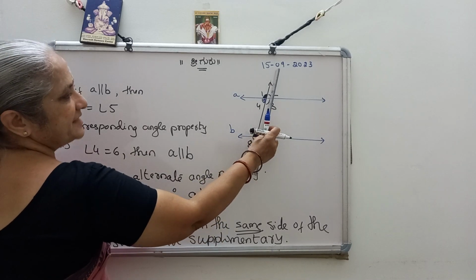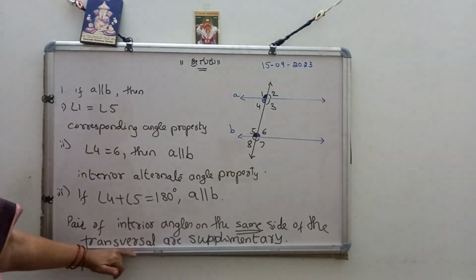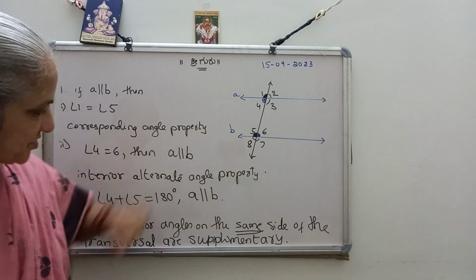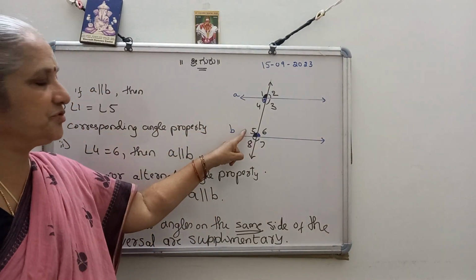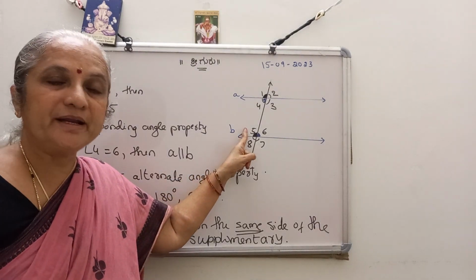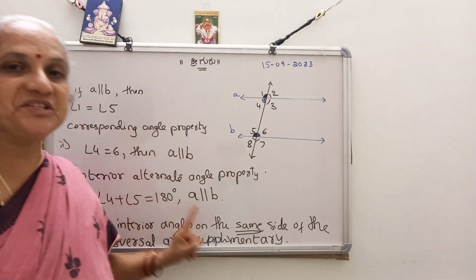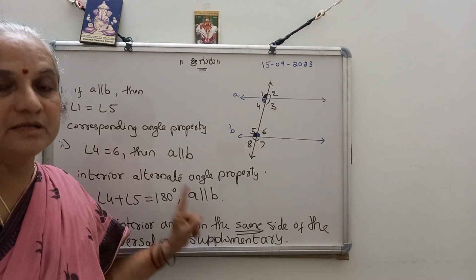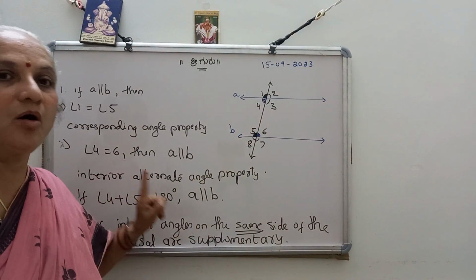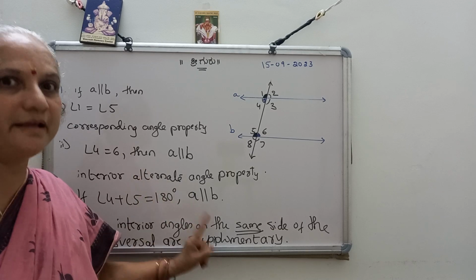This is on the same side of the transversal. This line is called transversal. Are supplementary means sum of those two angles is 180 degrees. So each and every word defines the situation. So you have to remember all the words as it is.